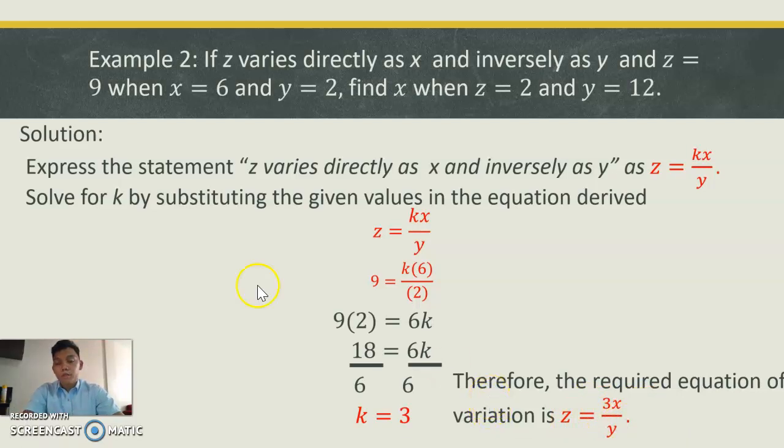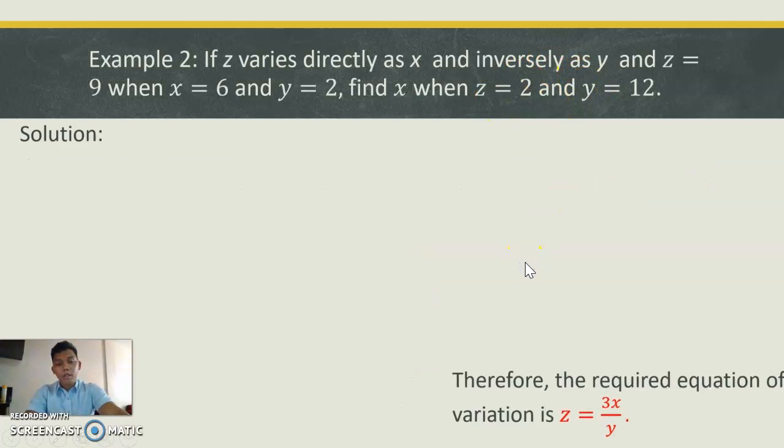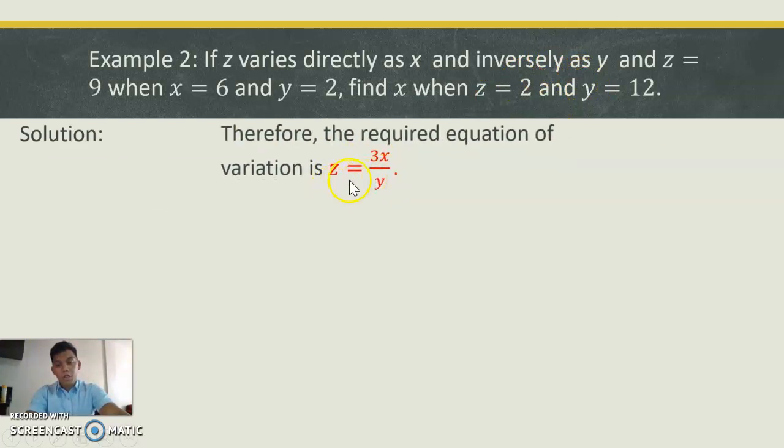Okay. So now we solve for what is being asked, which is find x when z is 2 and y is 12. To find x, we're just going to use this equation and replace z and y with their corresponding values, 2 and 12 respectively.